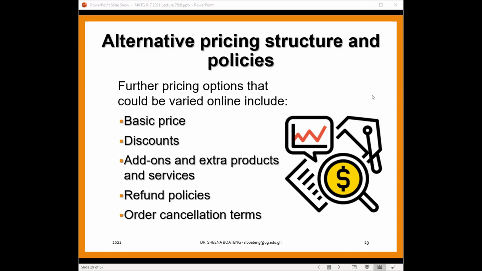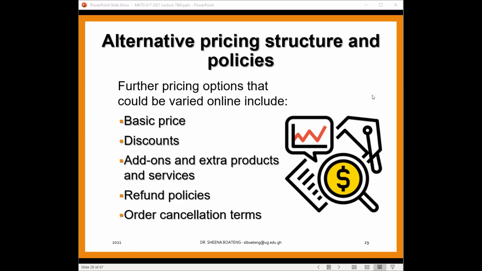Likewise, order cancellation terms may be more strict offline than they would be online, because in certain sectors, like we mentioned, it is very possible for you to physically see the full extent of the item you are purchasing. Sometimes it is difficult for you not to cancel the order there and then when you see something wrong.